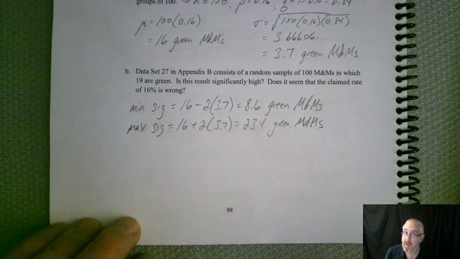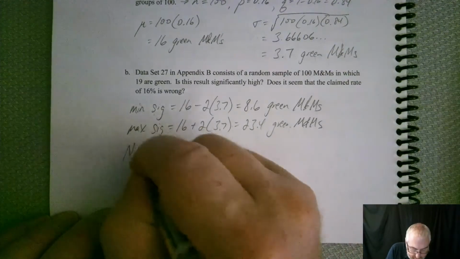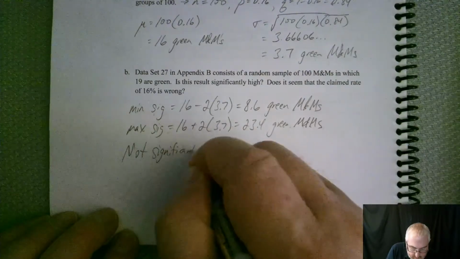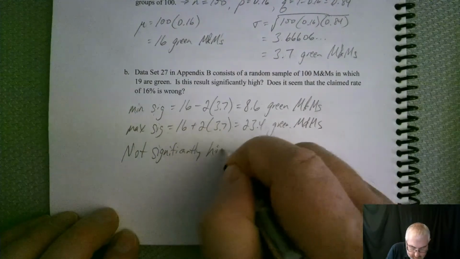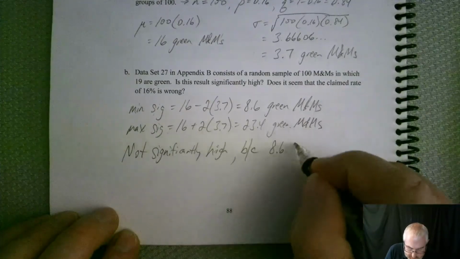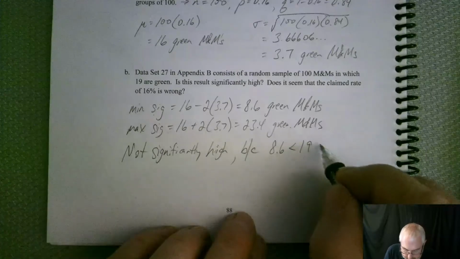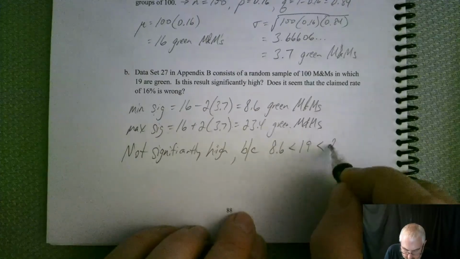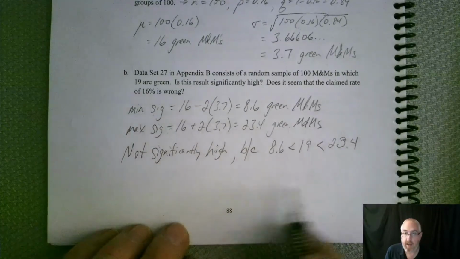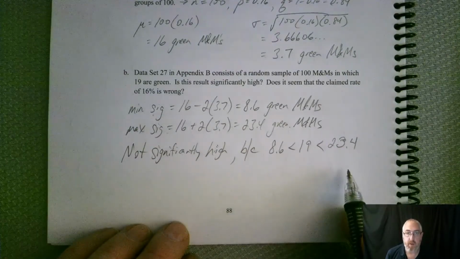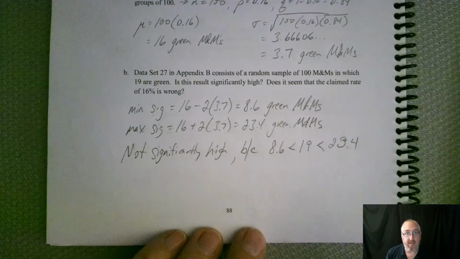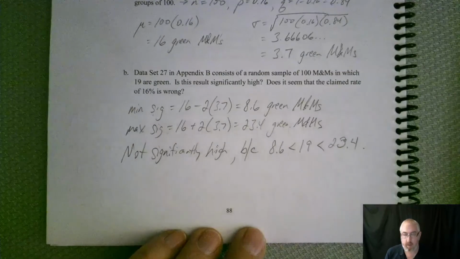And if it's between, that means it's not significantly high, because 8.6 is the lower and 23.4 is the higher, and 19 falls right in between those. So we know it can't be significantly high. It's not significant.